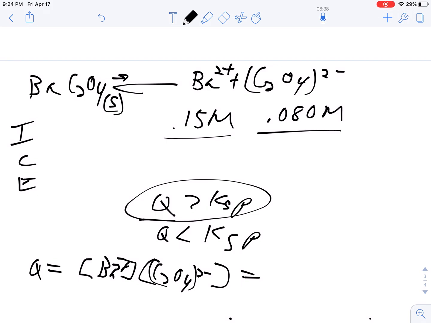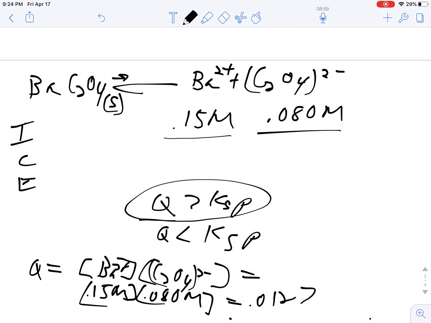You plug in those two numbers. 0.0120, and guess what? That is greater than the KSP, which in the problem is 2.3 times 10 to the negative 8. So I know then that I'm going to get a precipitate.